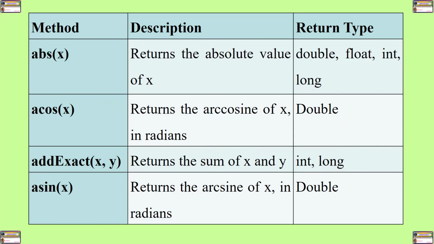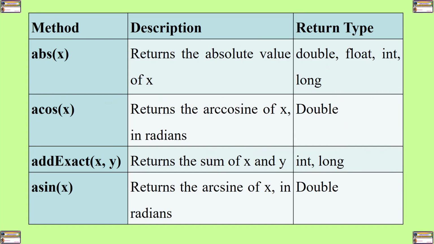So if you pass to addExact two values, value x and value y, what that method will do is that it will return the sum of those two values. So the value returned can be of type integer or type long. You just need to specify in advance whether you want to use that method to return an integer or to return long.